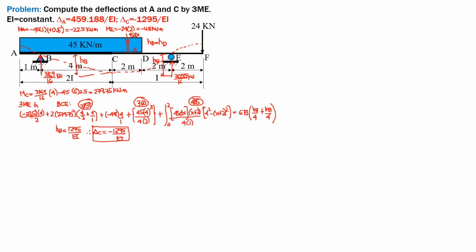We then write the three moment equation in BCE. So it is moment at B, which is equal to negative 22.5 times span BC, which is 4 meters, divided by I of BC, which is 2 because the moment of inertia of portion AB is 2I. Then plus 2 times moment at C, quantity, length of BC 4 divided by moment of inertia 2, plus length of CE 4 meters also, but the moment of inertia is just I or 1.